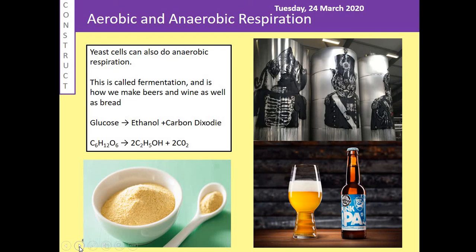Yeast will break down the glucose to instead, this time, the products are ethanol and carbon dioxide. Little typo there, carbon dioxide. So the ethanol is the alcohol that is in our beer and wine. So that's just a practical application for anaerobic respiration.